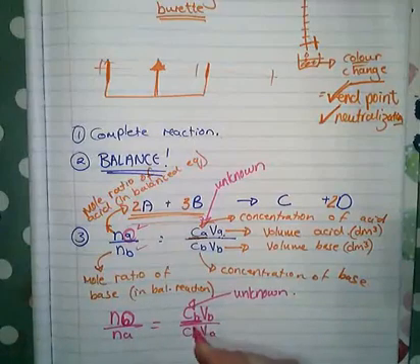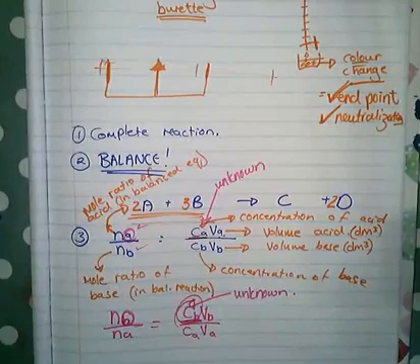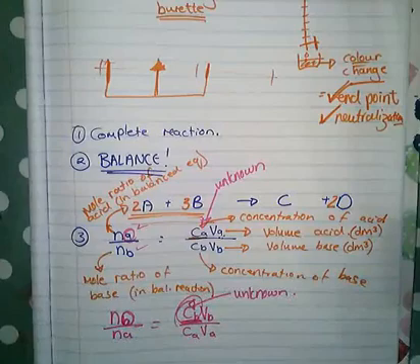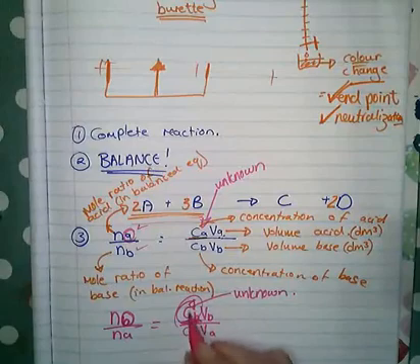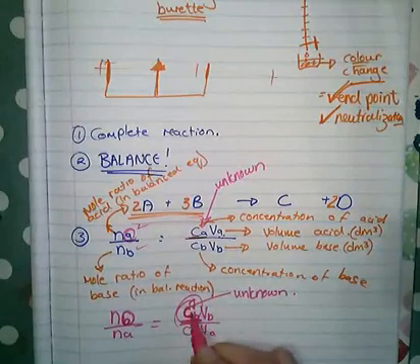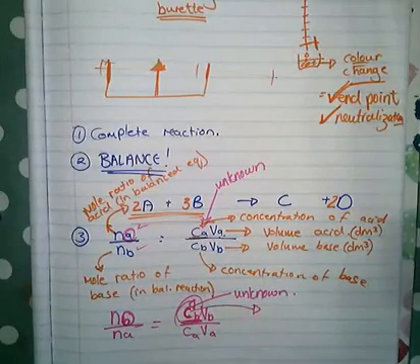They could tell you how they made it and tell you that they used a certain mass of a certain substance that they put in a certain volume of water. And then you have to use that information to determine the concentration with this formula first, and then substitute this answer into here.